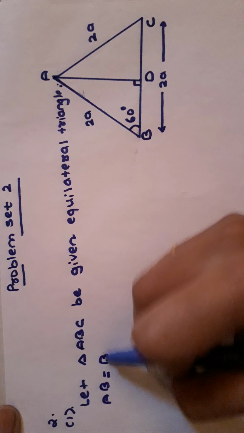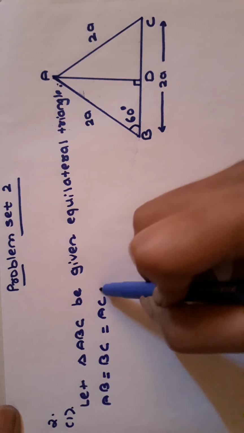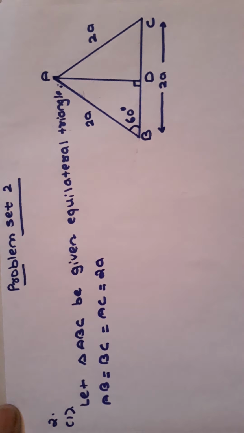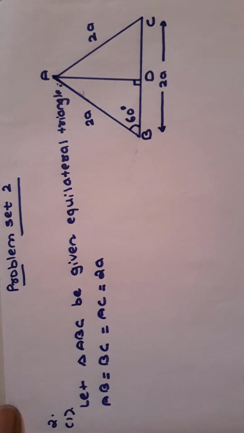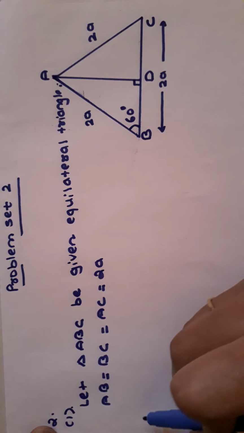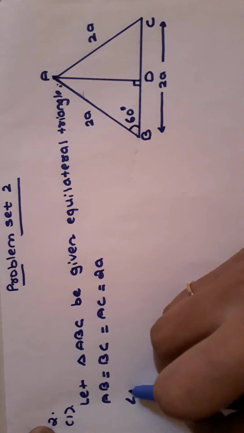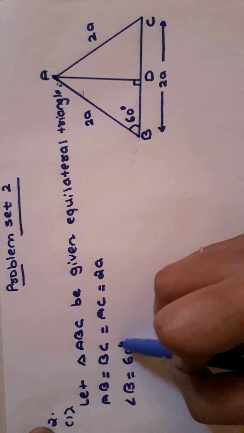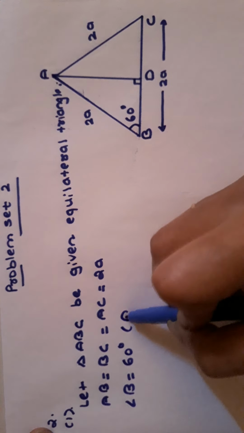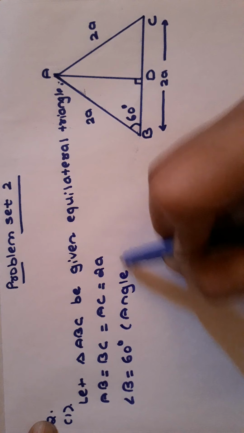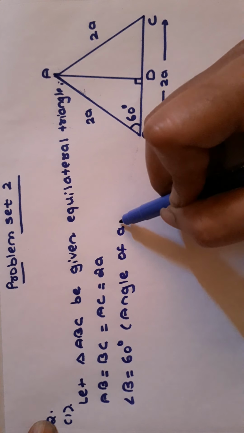AB is equal to BC is equal to AC is 2a, because all the three sides of an equilateral triangle are equal. Now angle B is 60 degree, because this is an angle of an equilateral triangle.